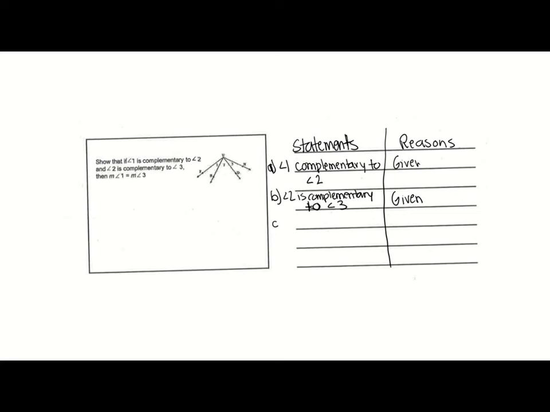So if angle 1 and 2 are complementary, that means angle 1 plus angle 2 is equal to 90 degrees. That is our definition of complementary. And we also know that angle 2 plus angle 3 is equal to 90, which is our definition of complementary again.